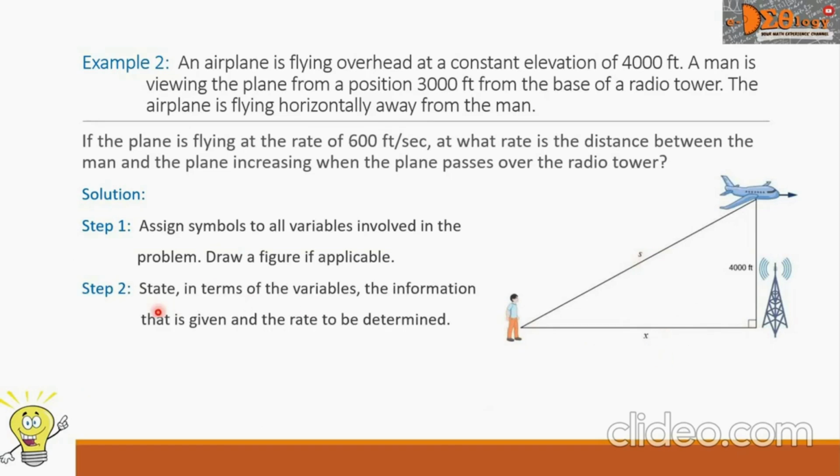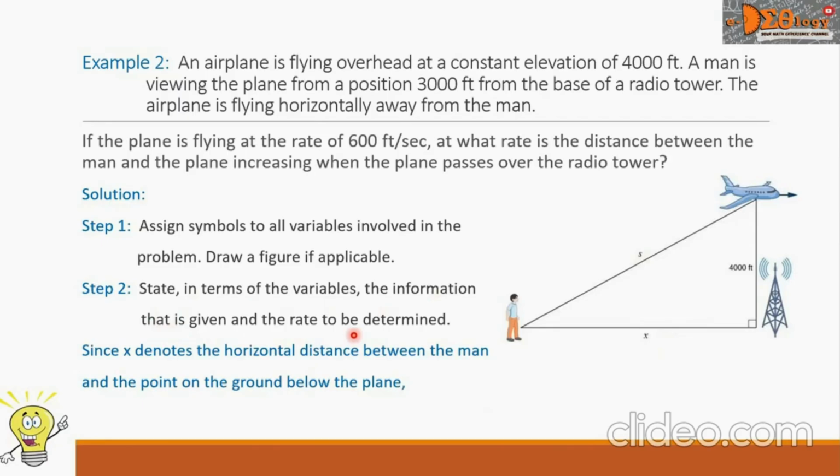Step 2. State, in terms of the variables, the information that is given and the rate to be determined. Since x denotes the horizontal distance between the man and the point on the ground below the plane, we say that dx over dt is equal to the speed of the plane.